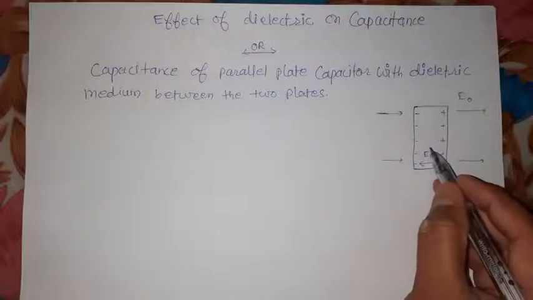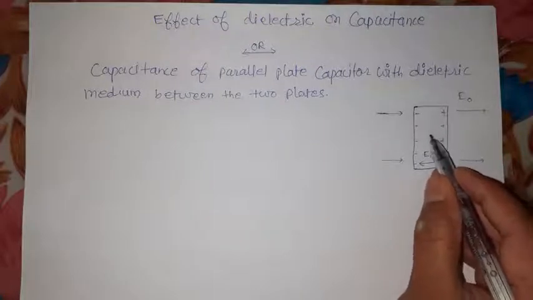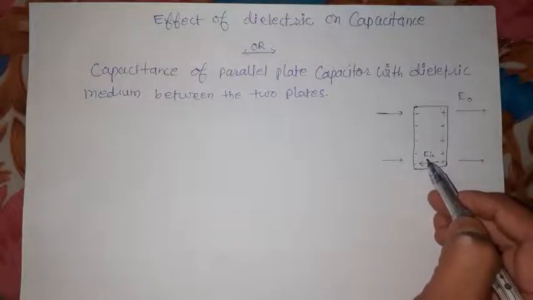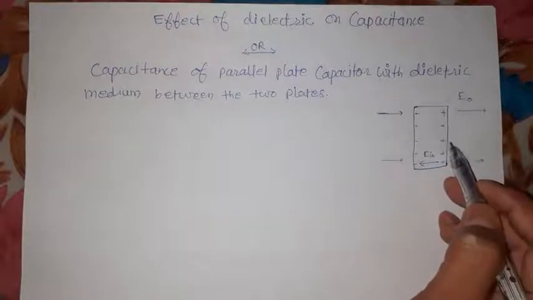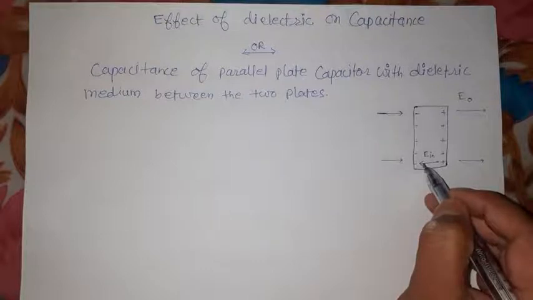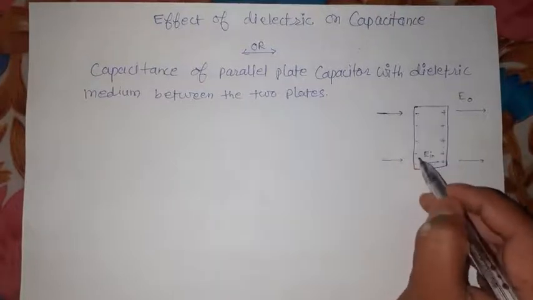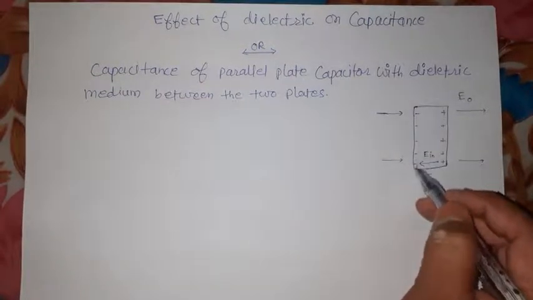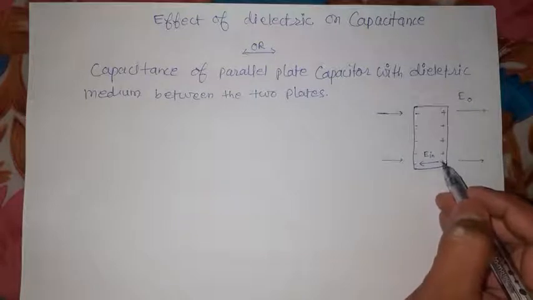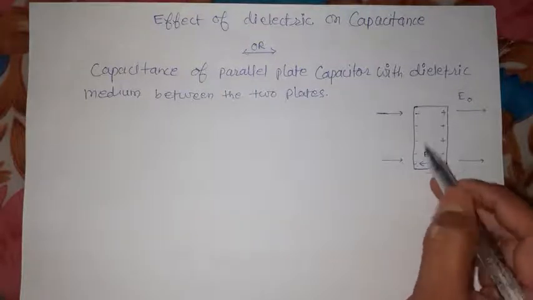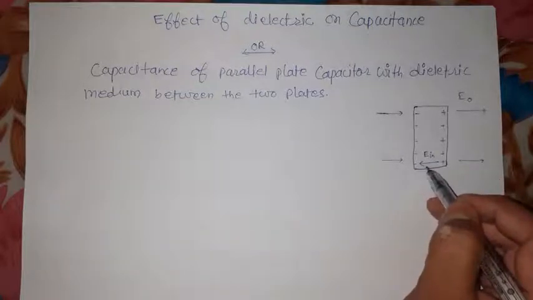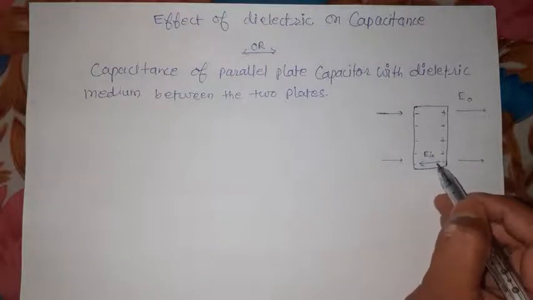But we also saw that this internal field was not exactly equal to the external one. It was a small electric field, because only a few charges come on the surface, as this insulator does not have free charges. That's why the internal field is smaller.